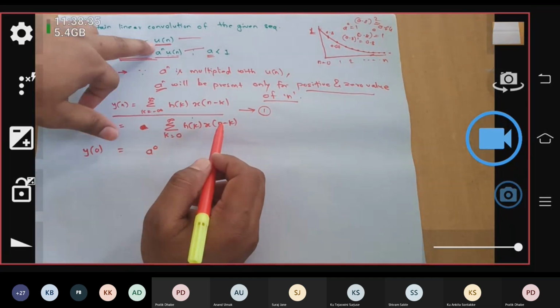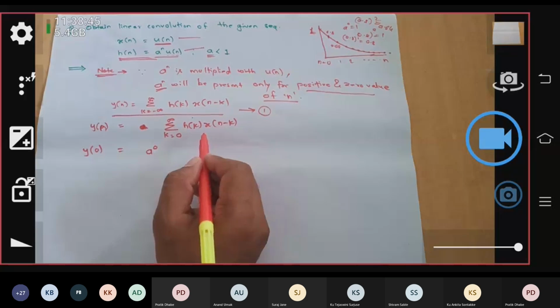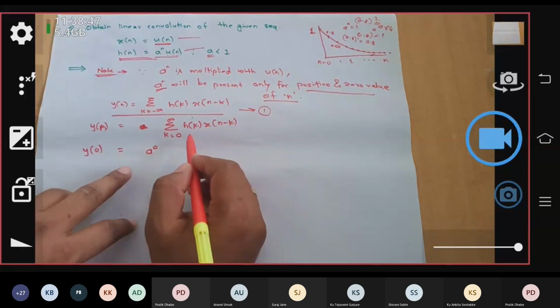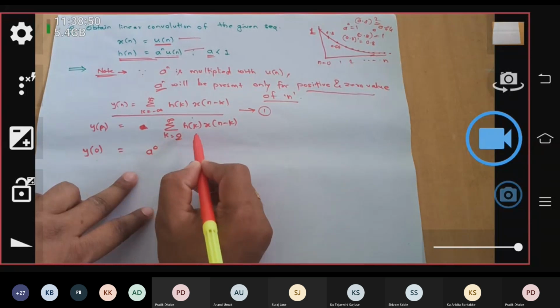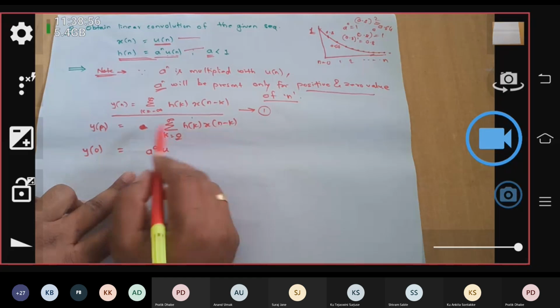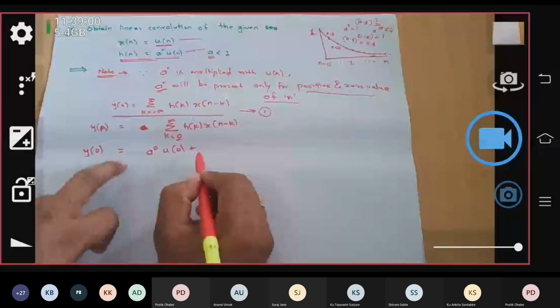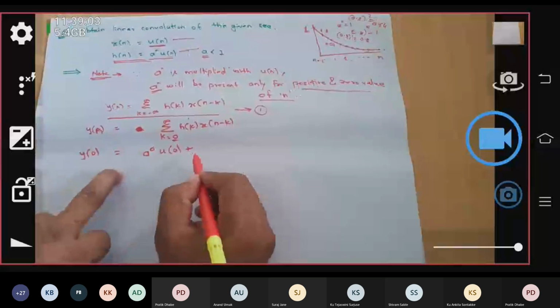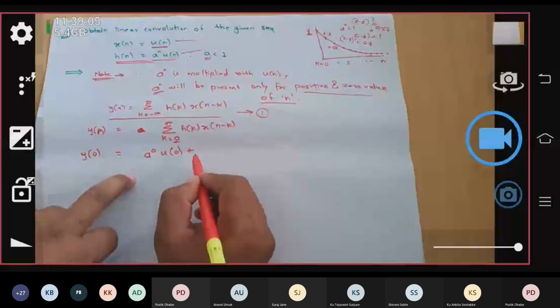So it is u of n minus k, and for the first place we are substituting k equals 0. So a raised to 0 and u of n minus 0. What is n? N is 0, so it is u of 0. This we have already seen in the analytical method. I am solving this convolution using the analytical method, and in the previous class I have given you an equation for solving this.